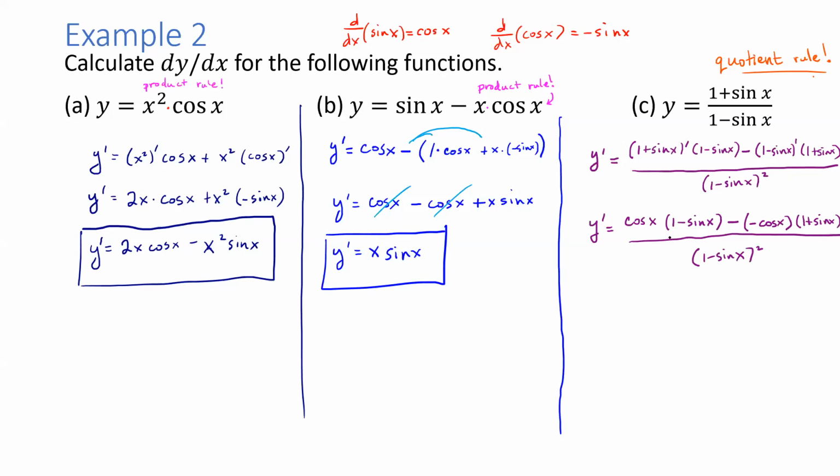Okay. And then what I might do from here would be just a little bit of simplifying. If you guys notice, we could distribute some things out and see what kind of things we can do from there. So here, I'll distribute cosine x.